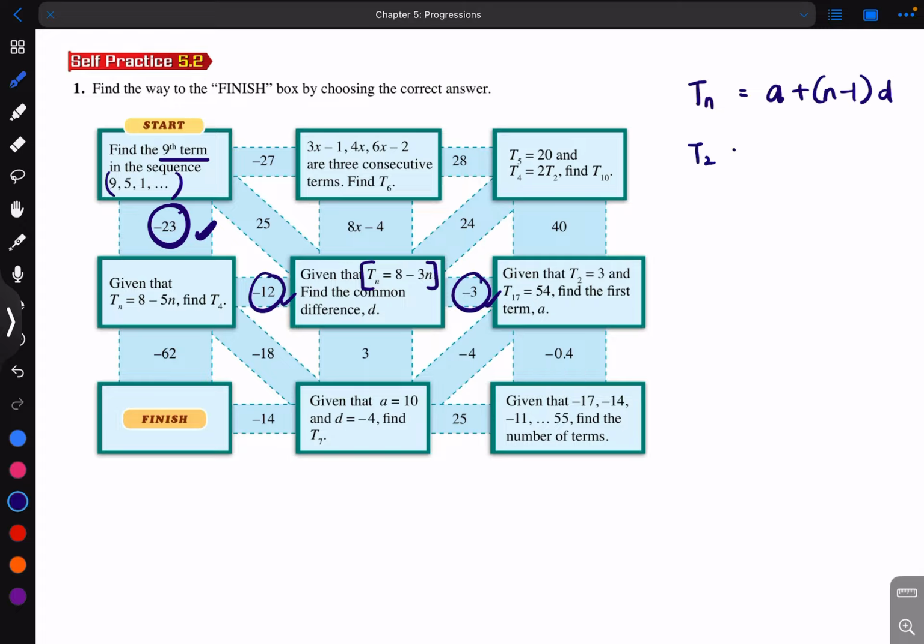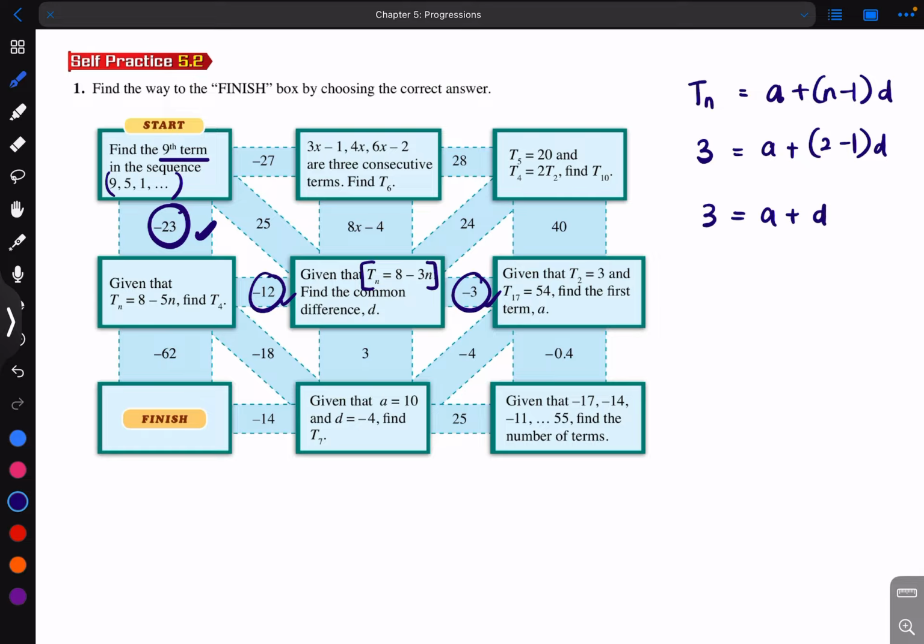So T2 will be A plus 2 minus 1 D. Okay, because n is 2, we sub the 2 inside here. Okay, and then since T2 is 3, we can say this is 3. So we can simplify this. 2 minus 1 is just 1. So we can say A plus D equals 3.